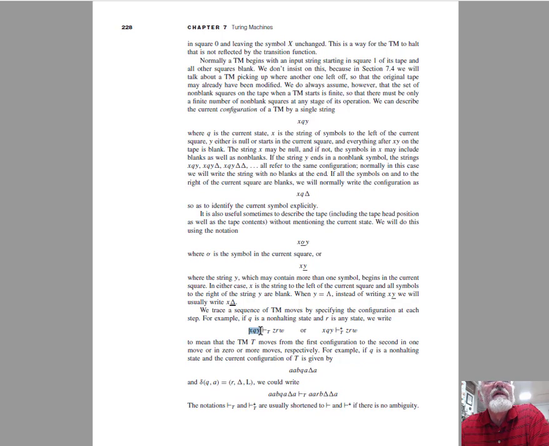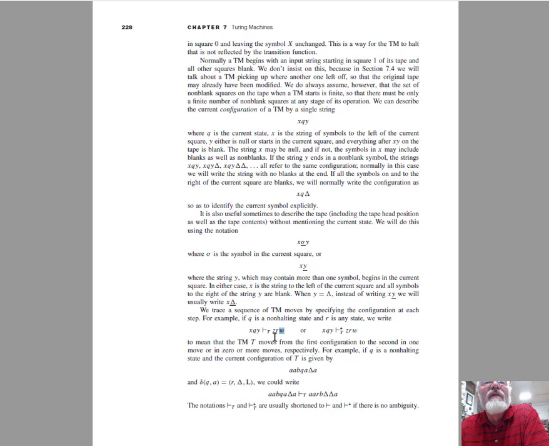We're in state Q with the first letter of Y as the current character, and X is the characters in front of the Q. This says that we can use one move to go from the first configuration to the second, and end up with Z in state R and W. The first letter of W is what the pointer is pointing to. We're in state R, and all this stuff is to the left of the current position.